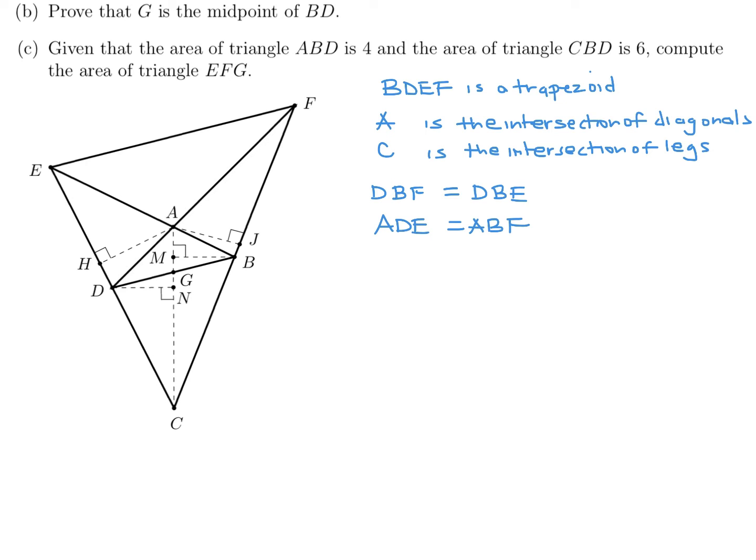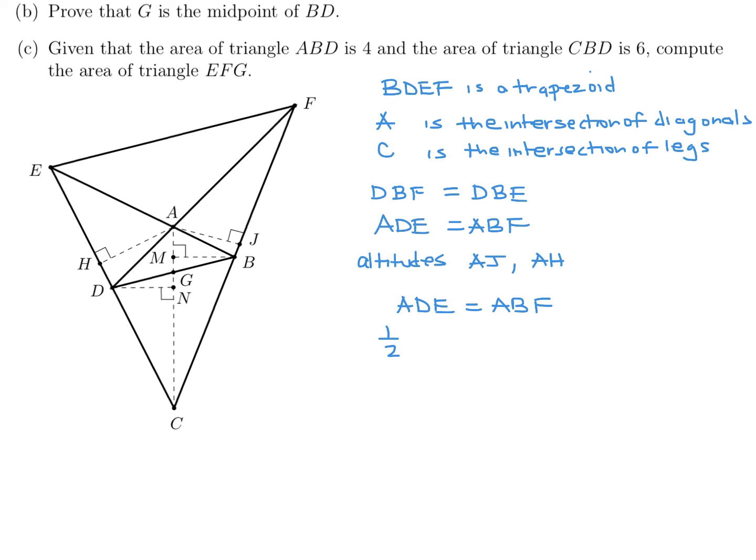All right, so now we want to draw altitudes AJ from here to here, which is already drawn, and AH, like that. So we got altitudes AJ and AH. And then since ADE is equal to ABF, that essentially means 1/2 base times height.